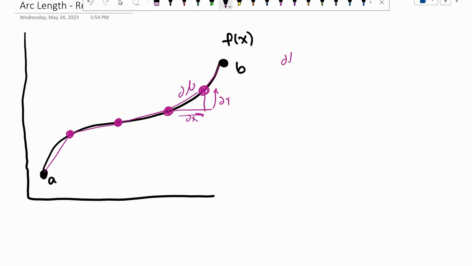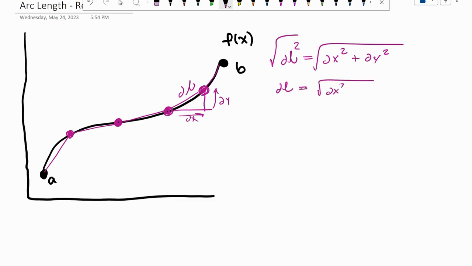So to find dl, all we have to do is apply the Pythagorean theorem. dl squared equals dx squared plus dy squared. Now we'll simplify it. Take the square root of both sides. dl equals the square root of dx squared plus dy squared. So this is the length of one infinitesimally small segment to approximate the arc length.